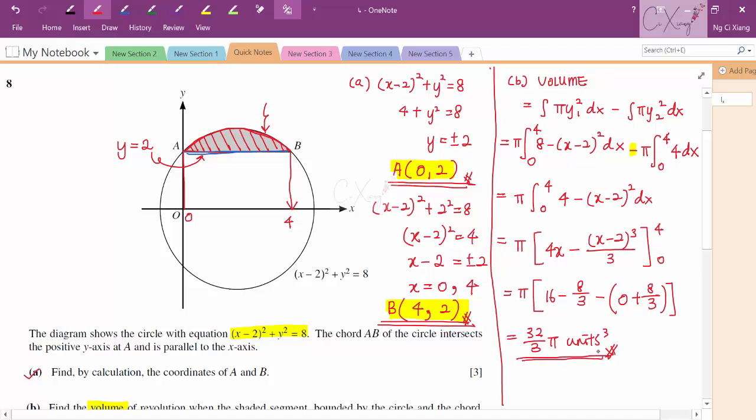If you don't like to keep your answer in this fraction form, then of course you can change it to 3 significant figures, which will be 33.5. It will also be accepted because for this question they didn't request the exact volume. So you can put it into 3 significant figures, or you can keep it in the pi form.